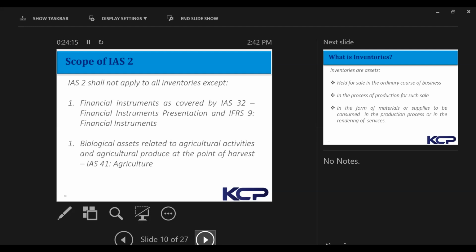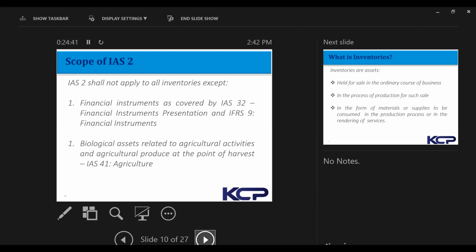Financial instruments covered by IAS 32. If you have any aspect of financial instruments that talks about valuations of certain financial instruments, whether assets or liabilities or equity as the case may be, because there has been a very specific standard for it, it is not within the scope of IAS 2.